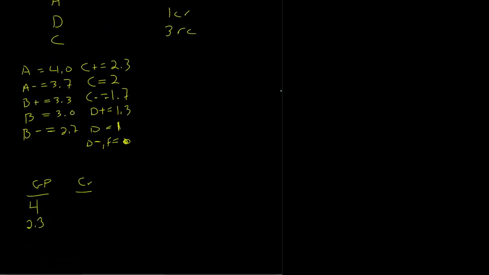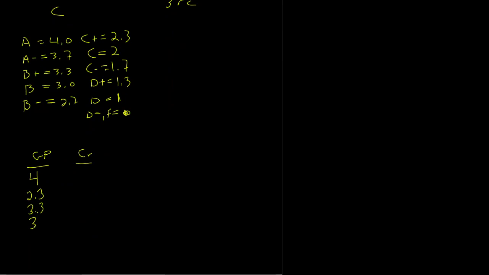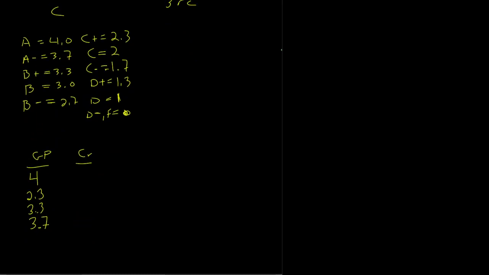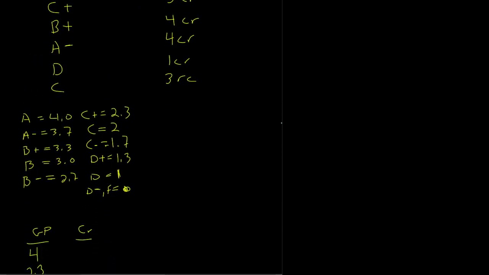B plus is a 3.3. An A minus is a 3.7. A D is a 1. And a C is a 2. And then the credit hours we get are 1, 3, 4, 4, 1, 3.